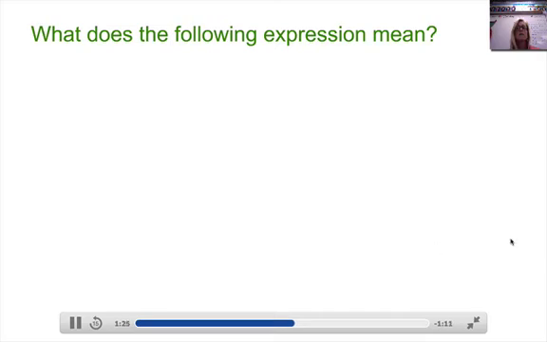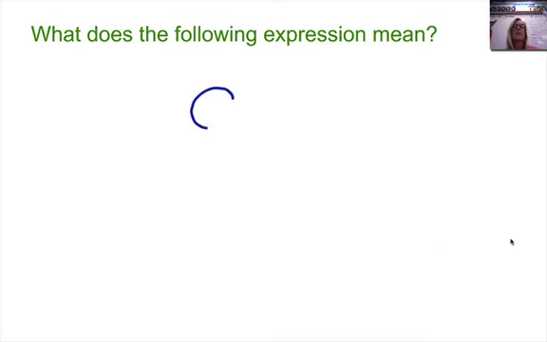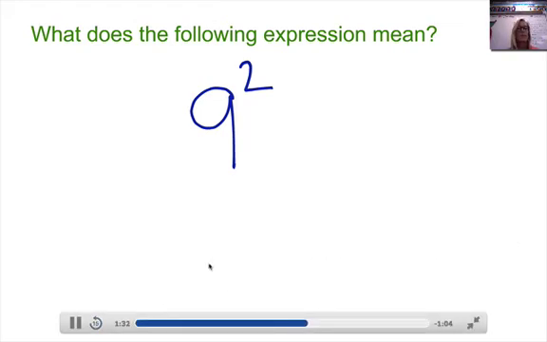So look at this next. What does this following expression mean? If I write 9 to the 2nd power, what does it mean?